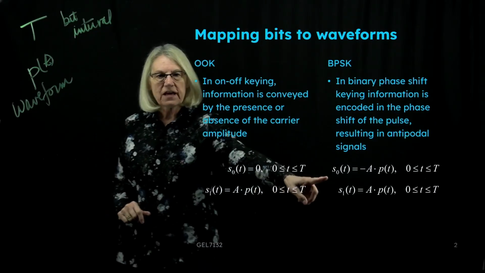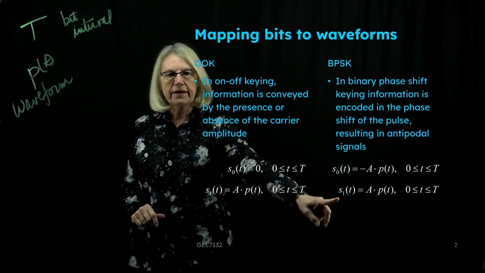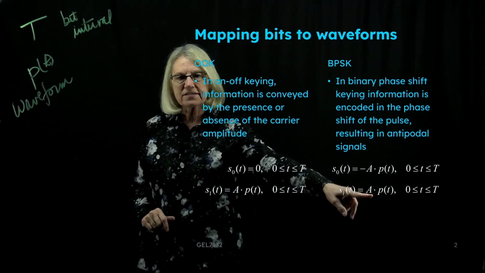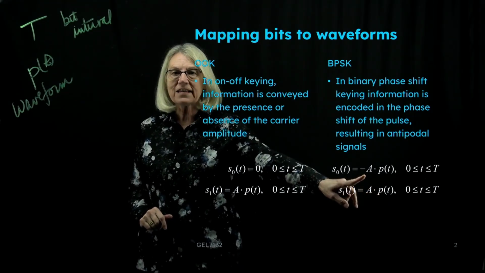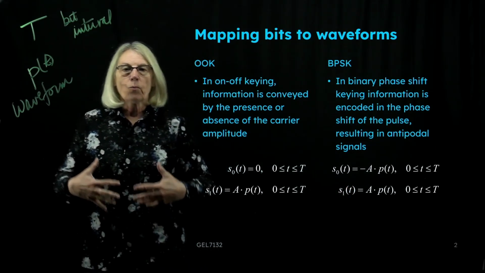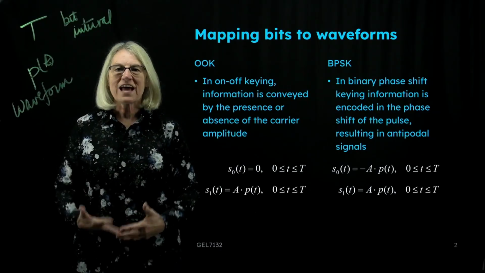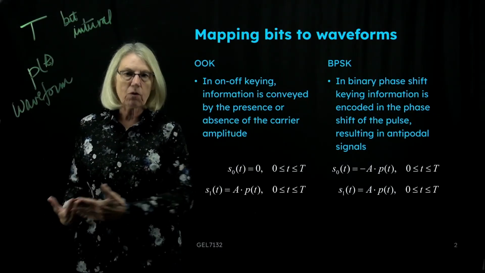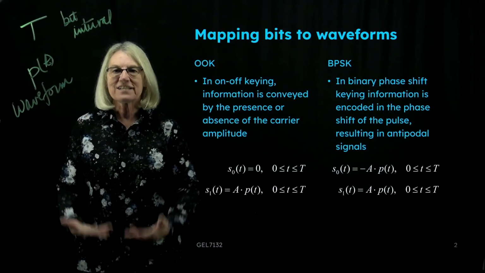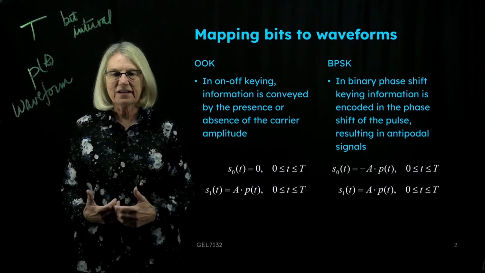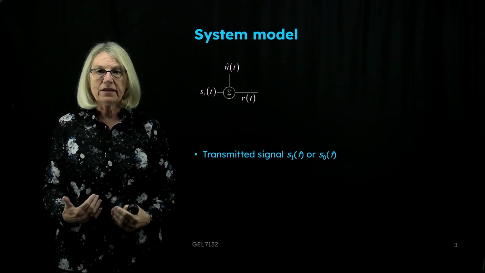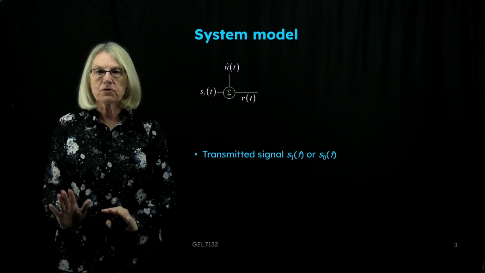So again, we have logical 0, logical 1, only in this case, we'll see that we have A p(t) in both cases, but in the logical 0, it's a negative amplitude, and in the logical 1, it's a positive amplitude. So BPSK, there is always a signal present, whether it's a logical 0 or a logical 1. In this case, it's the sign of the signal that tells us which was transmitted, a logical 0 or a logical 1.